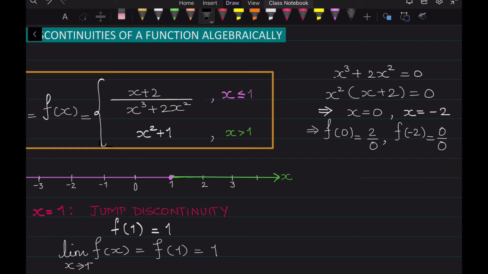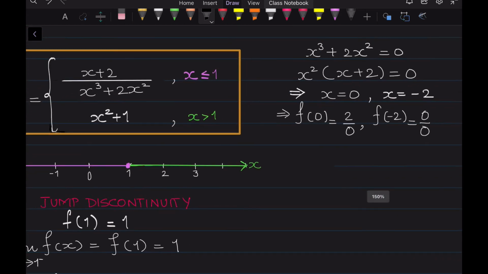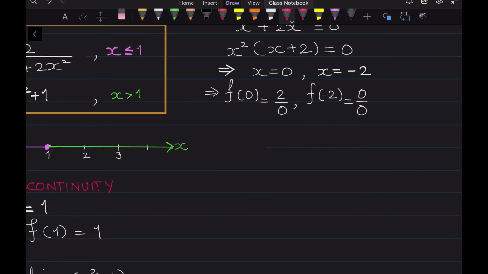Now let's see what types of discontinuities this function has at x is equal to 0 and at x is equal to negative 2. Let's first take when x is equal to negative 2. So we know that f of negative 2 is 0 over 0, which is not defined.